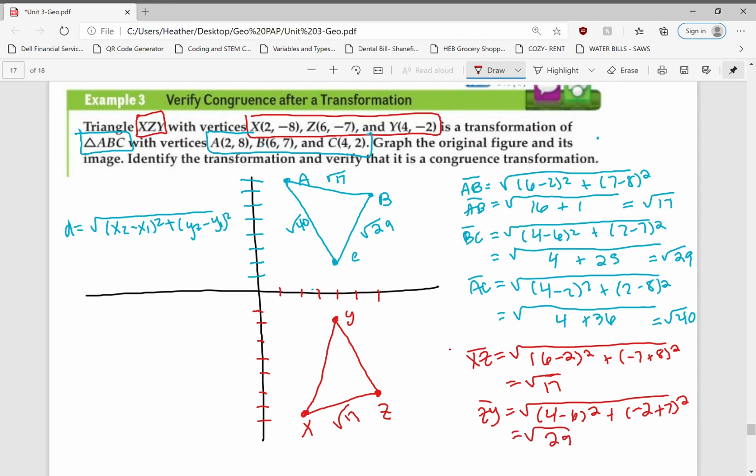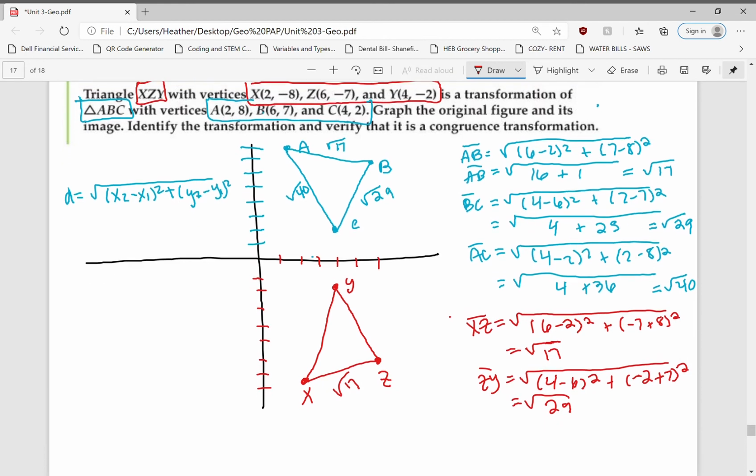You guys see the pattern that's happening here? And lastly, XY: 4 minus 2 squared plus negative 2 plus 8 squared, which is going to give me the square root of 29. Oh wait, not 29, 40. My bad, I did the math wrong. 40.